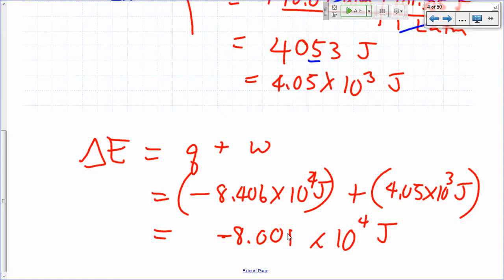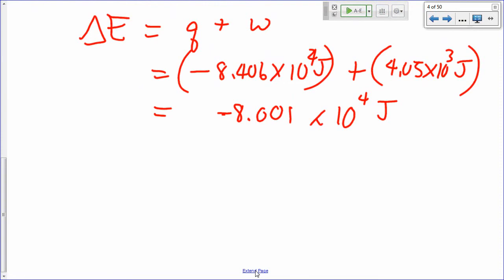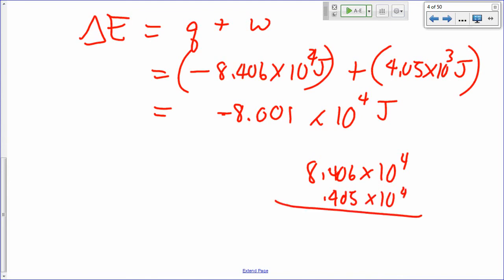Why do I need 4 sig figs there? That's 8.406 times 10 to the fourth, and the other one is 0.405 times 10 to the fourth. So your last sig fig would be the third decimal place. If you move the decimal point here, this becomes 10 to the fourth. So that's your delta E.